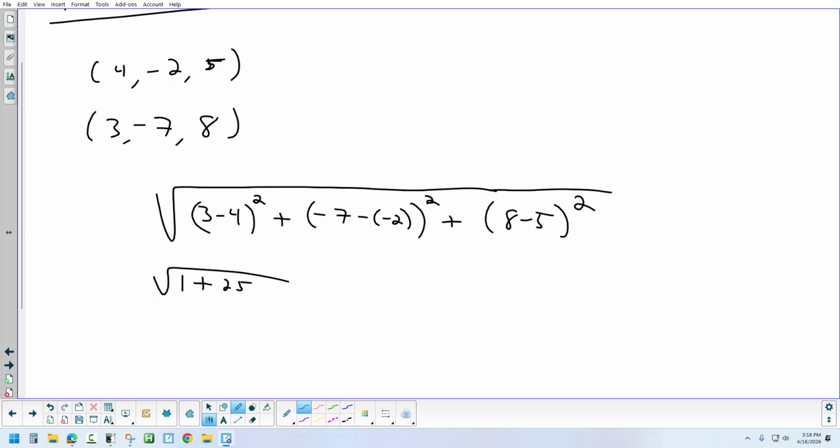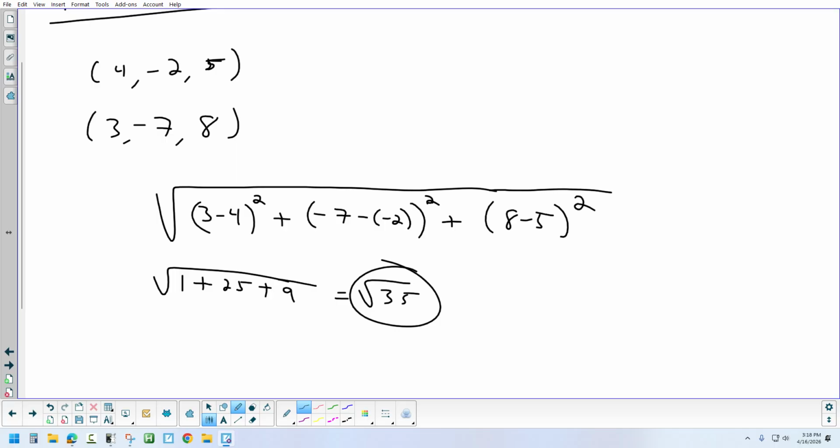And 8 minus 5 gives us 3 squared, which is 9. And that's going to give us the square root of 35. So that's how you find the distance between 2 points that are 3D coordinates.